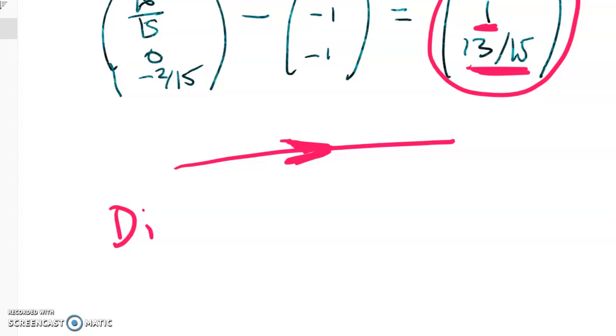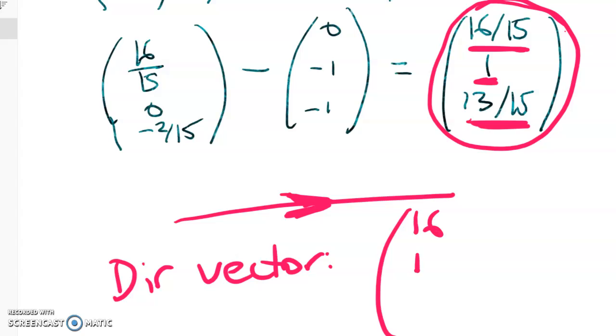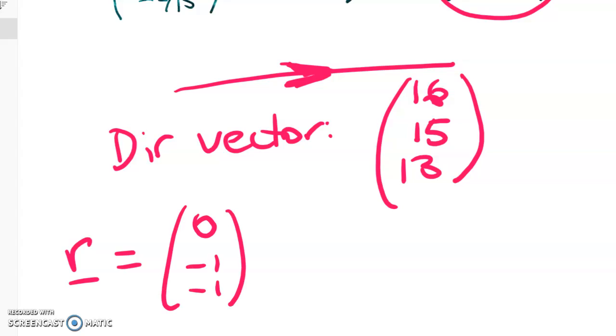And that means that I can take the direction vector to be 16, 1, and 13. No, 16, 15, and 13. So the equation of the line is going to be (0, -1, -1), my first point, plus lambda times (16, 15, 13).